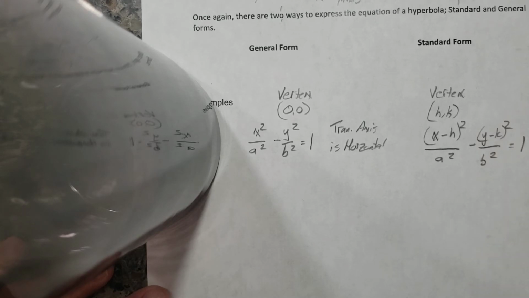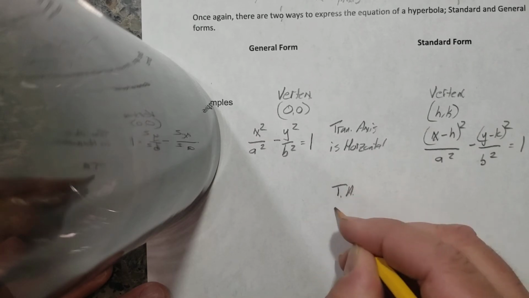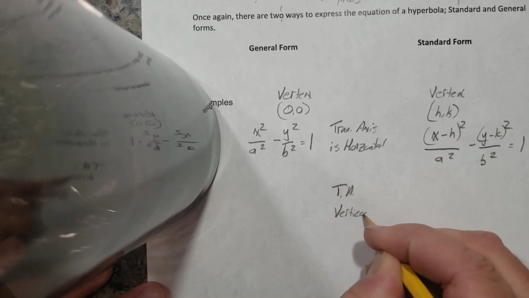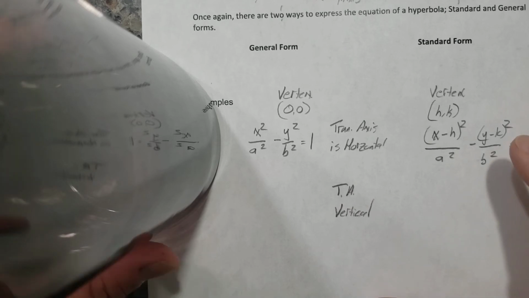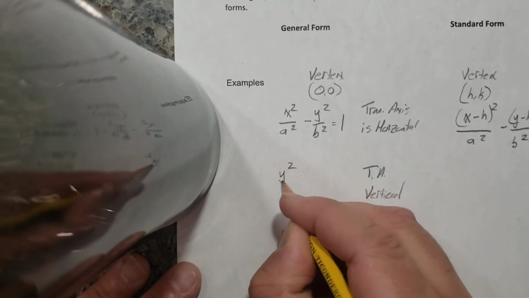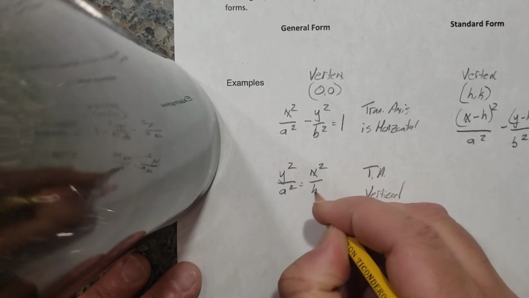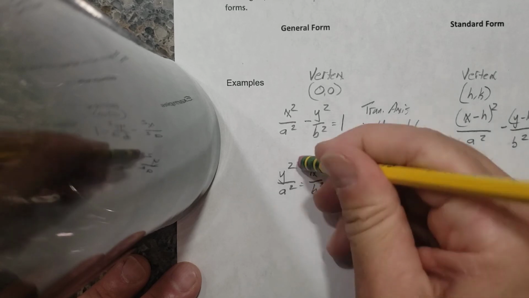And then when you have a vertical transverse axis, the only thing that changes is your y coordinate comes first. y squared over a squared minus x squared over b squared equals 1. I'm sorry, that's not equal, that's minus.